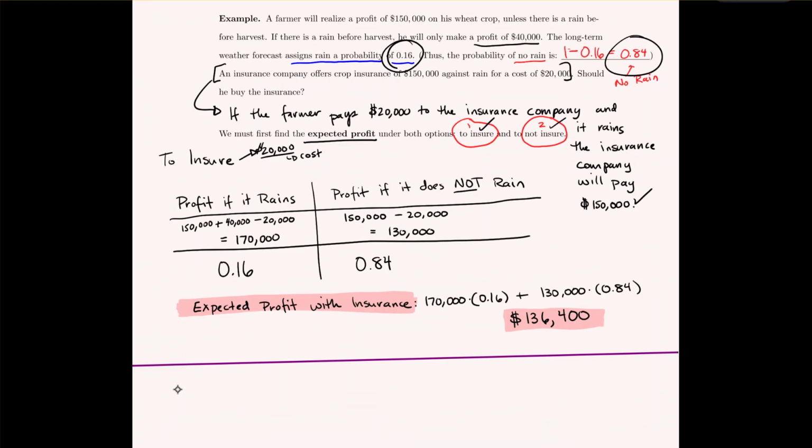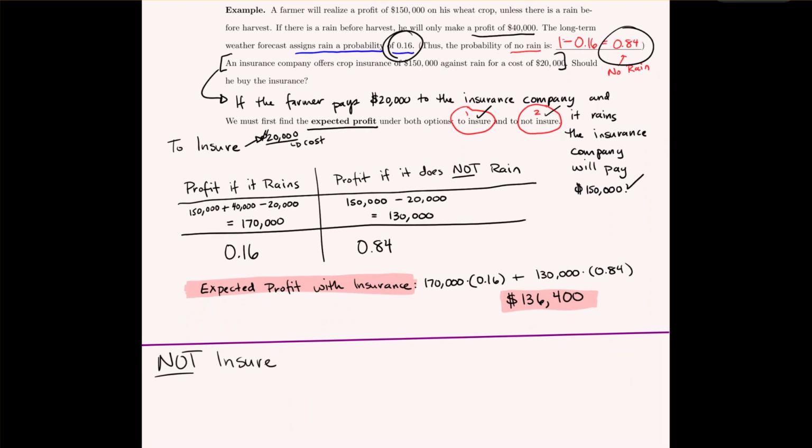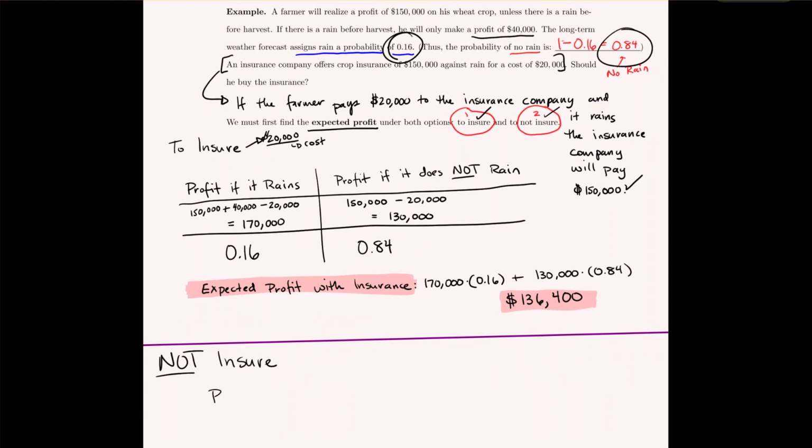So let's make our table. The profit, so we might call this section the not insure. And we'll write down what's our profit if it rains. What is our profit if it does not rain?